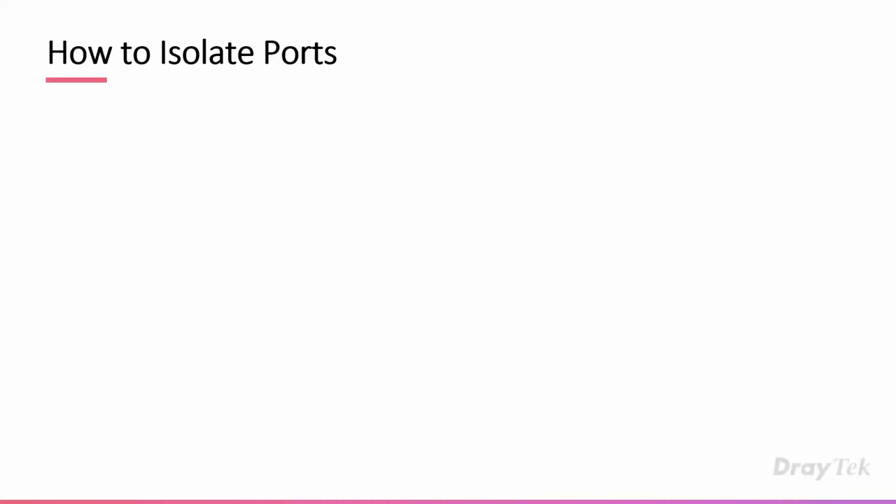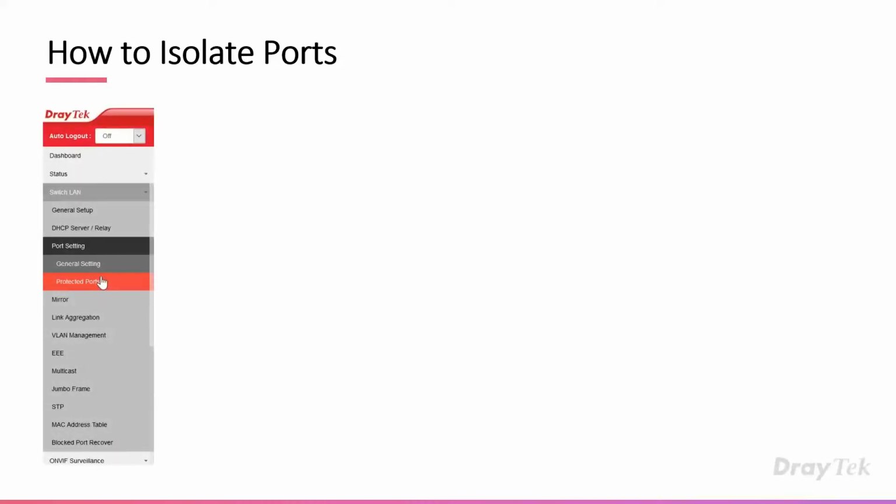But before we go into configuration, just to let you know that today's webinar is only on switches, so our practical demonstration has only switches. So let's log into the switch, navigate to switch LAN, port settings, and select protected ports. This is really easy to enable.